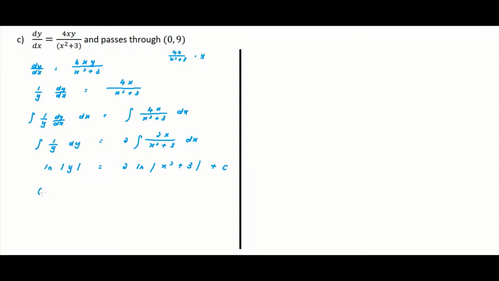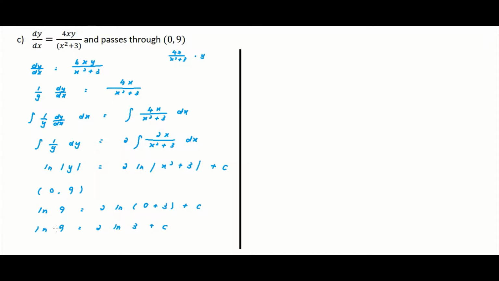Now same thing, let's start with the substitution. So 0 and 9. What do we have? ln 9 equals 2 ln(0 squared plus 3) plus c. So you have ln 9 equals 2 ln 3 plus c.